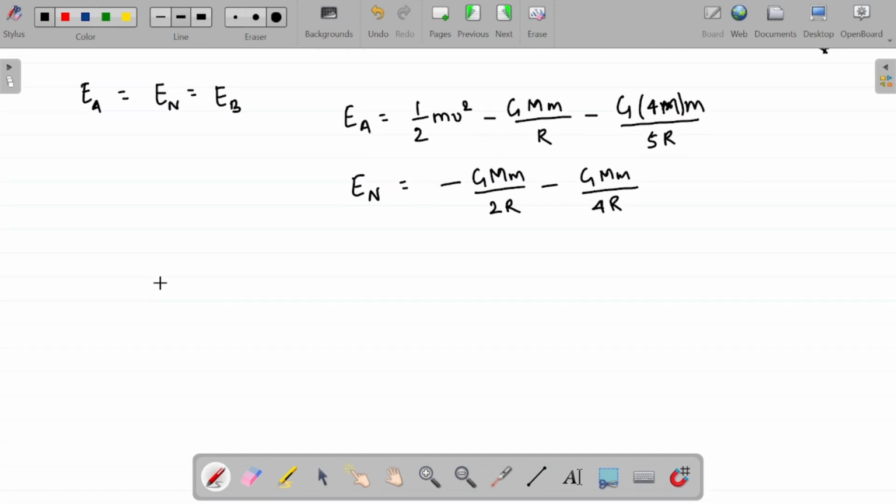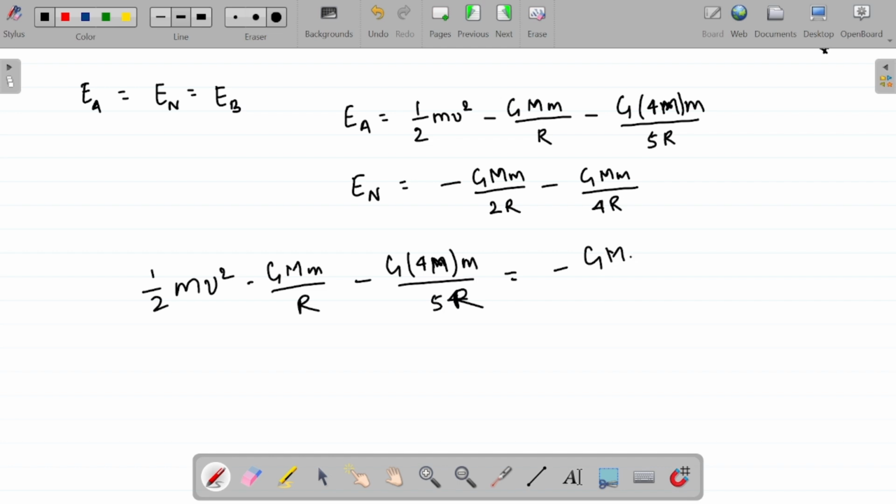So we can write 1 by 2 m v square minus G M m by r minus G 4M m by 5r equals minus G M m by 2r, and yes, this is 4M, because this is for the second sphere, so minus G 4M m by 4r, which will be G M m by r.